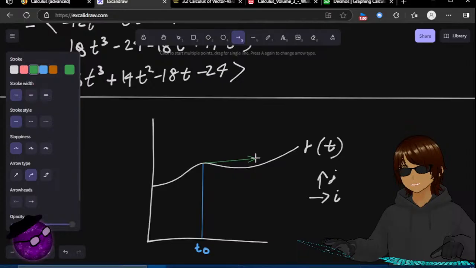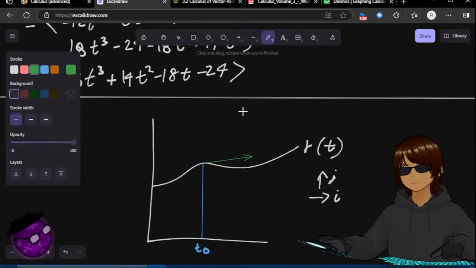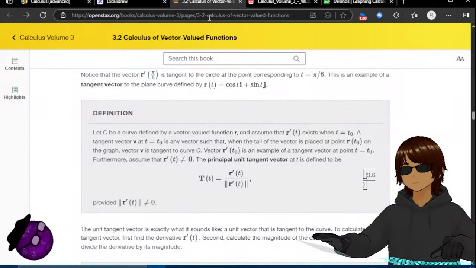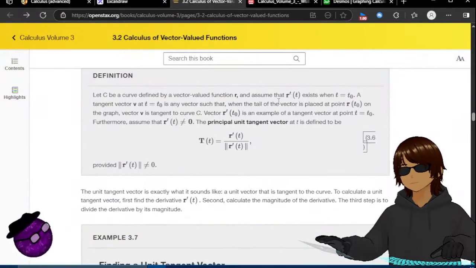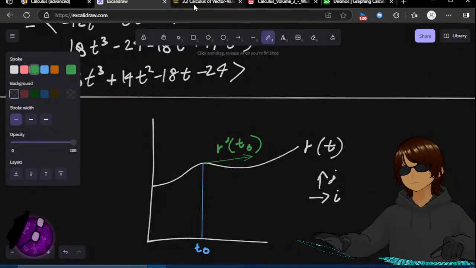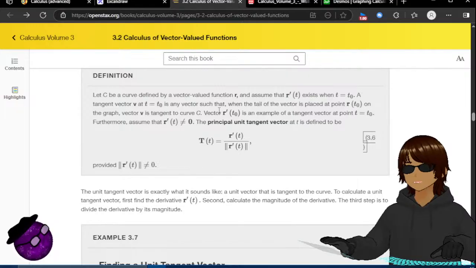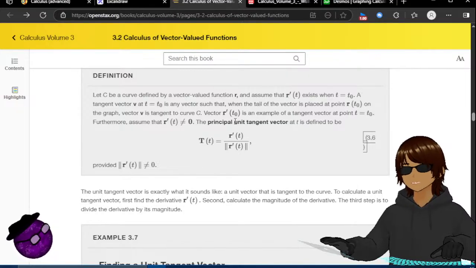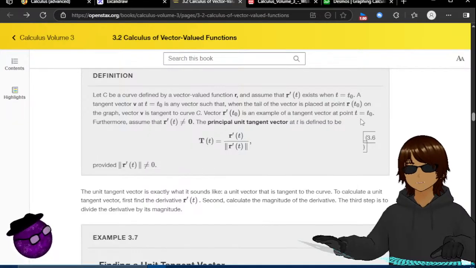Derivative will be, it touches one line. Thing like this is good enough. The derivative at t naught. Vector, so this vector is an example of a tangent vector at point t is equal to t naught.